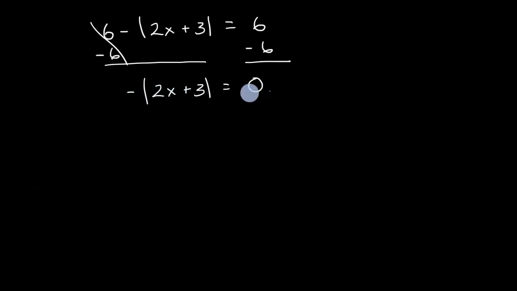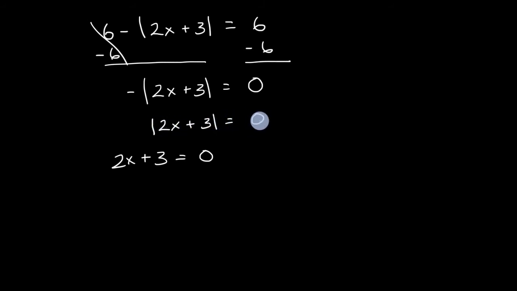Well, we can multiply both sides by negative 1, or divide both sides by negative 1, and you're going to get the absolute value of 2x plus 3 is still going to be equal to 0. And so that means that 2x plus 3 could be equal to 0. And that's it. It's not like there's a positive version of 0 and a negative version of 0. There's just 0.